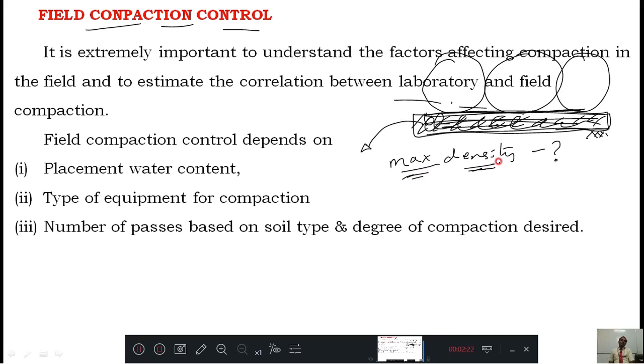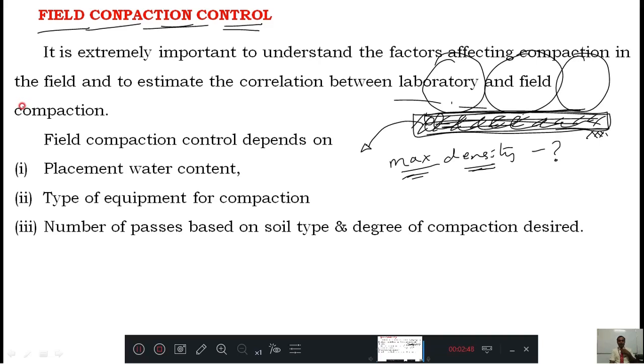Or after 3 rolls or 5 rounds of rolls, you need to check the density. Then you will come to know whether the maximum density is achieved or not. This control we need to do in the field, that is called field compaction control.